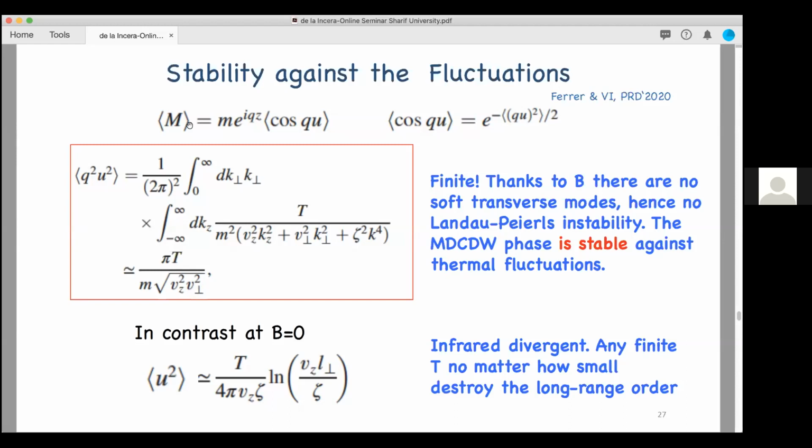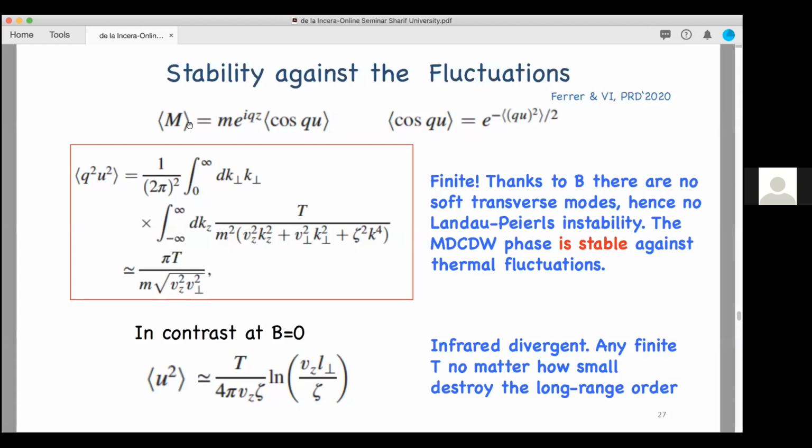So the magnetic field cures the Landau-Peierls instability in the MDCDW phase. It cures it twice. It cures it because of the A1 coefficients, right? That I showed you are present even if you don't have topological features in the theory, but also because of the B coefficients that are topological in origin.